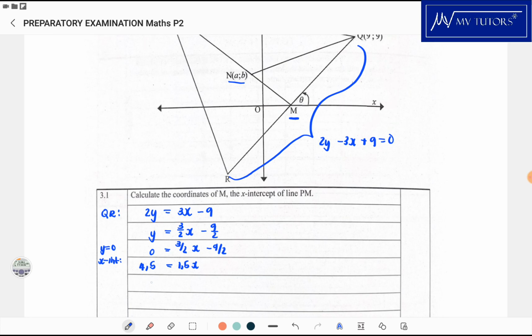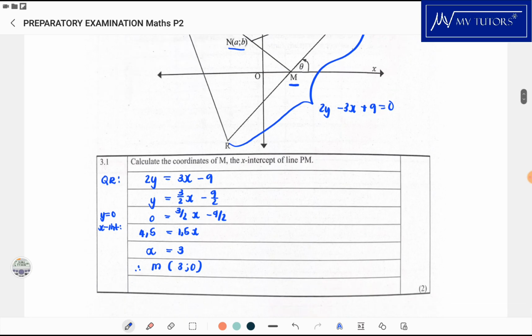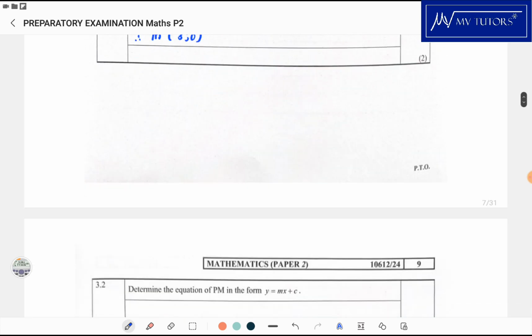So x is then equal to 4.5 divided by 1.5. You can use a calculator, but I just know that it's 3, after having calculated this many times. x is equal to 3. So I can conclude that M has x-coordinate 3 and y-coordinate 0. And that's 2 marks.